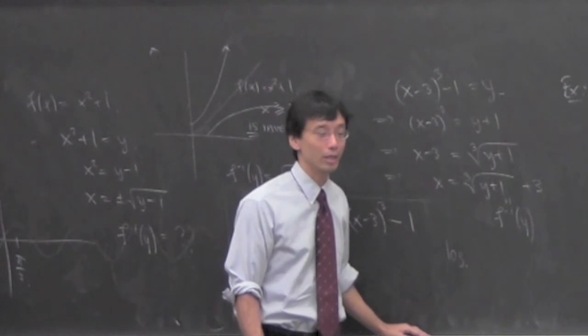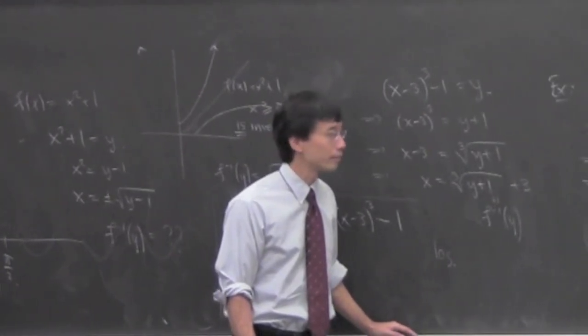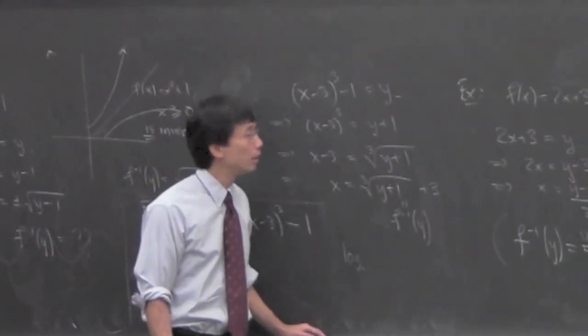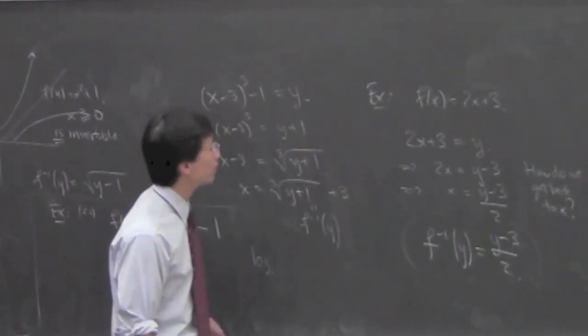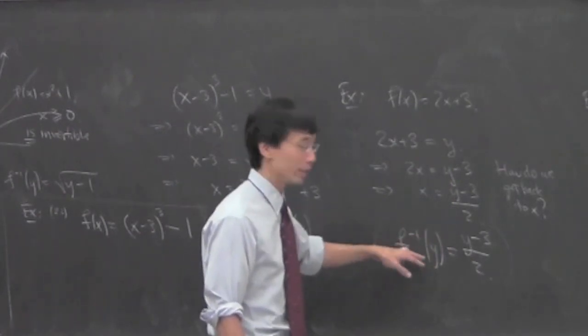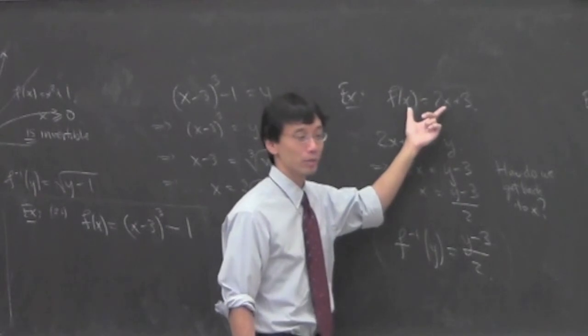If you were given the equation of an inverse function and asked to find the domain and range, how would you do that? Well, we sort of did this game earlier, and it's the same game. Here's the function.